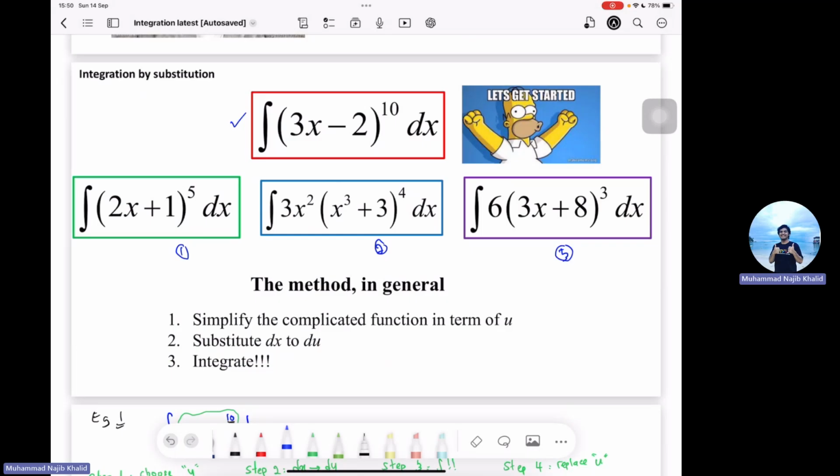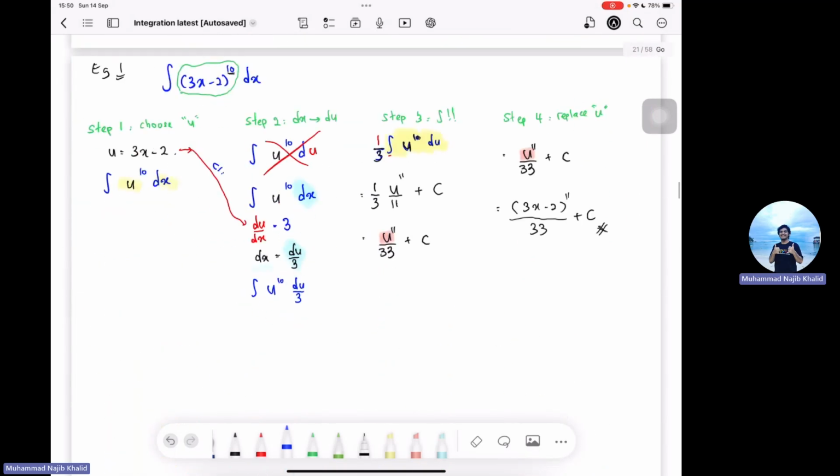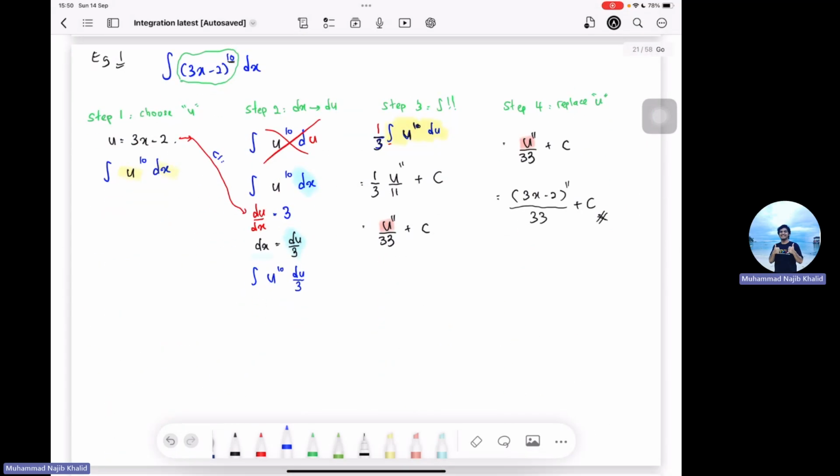It can be algebra, trigonometry, logarithm, or exponential. For the first part of this method, we just use the most basic one, algebra.